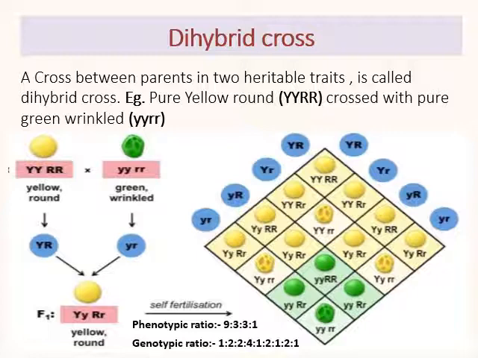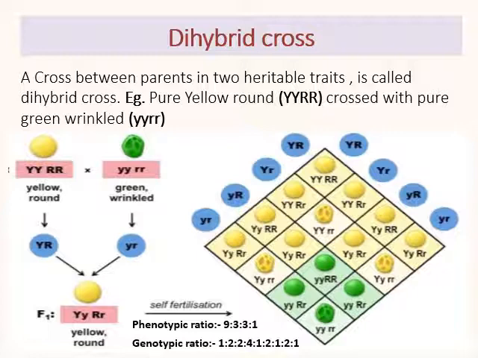If you count the seeds here, 4, 5, 6, 7, 8 and 9 seeds are yellow round. So in the phenotypic ratio, yellow round seeds are found in the proportion of 9, while yellow wrinkle seeds are found in the proportion of 3. See here below, capital Y, small y, capital R is for yellow wrinkle seeds.